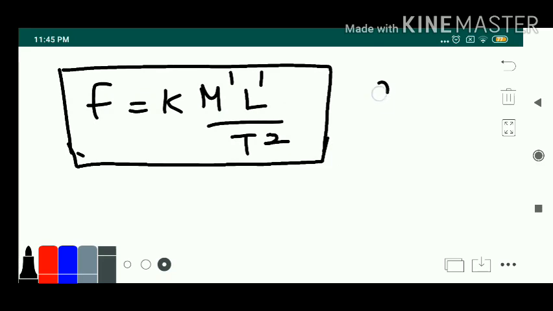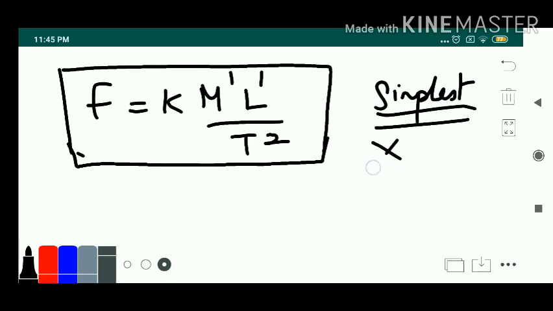This is the simplest one, guys, because I wanted to make you understand how it is done. This is not a proper question. I'm just making you understand why we did it. This is actually not the general force equation. Here there is a term k included, so this k value can change. That is not known to you guys.